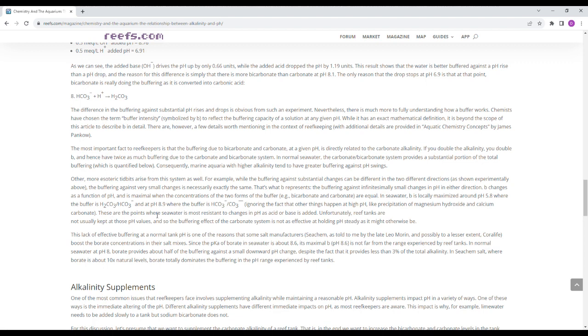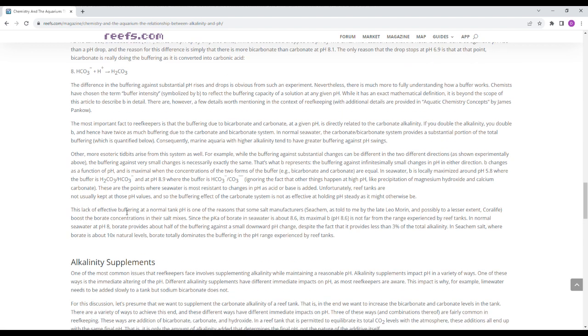These are the points where seawater is most resistant to changes in pH as acid or base is added. Unfortunately, reef tanks are not usually kept at those pH values, and so the buffering effect of the carbonate system is not as effective at holding pH steady as it might otherwise be.